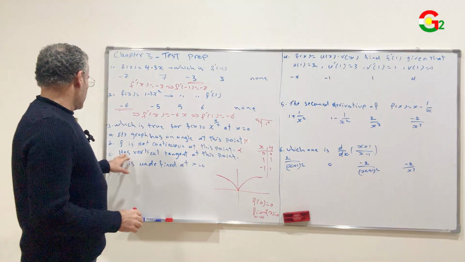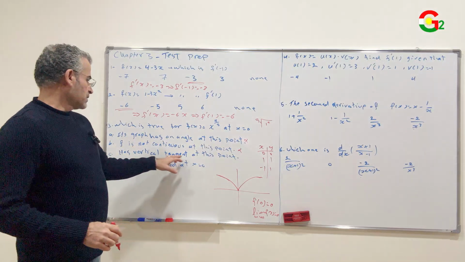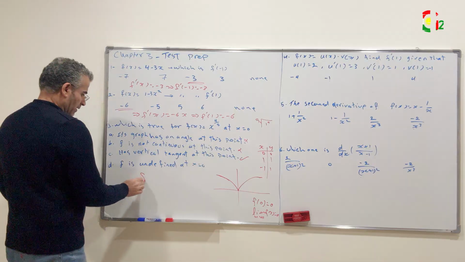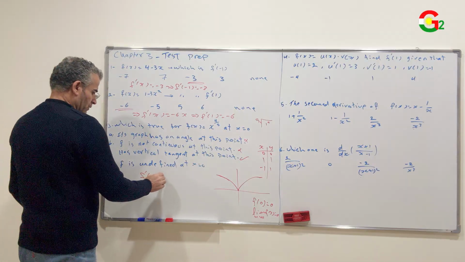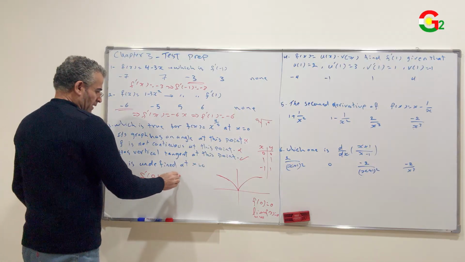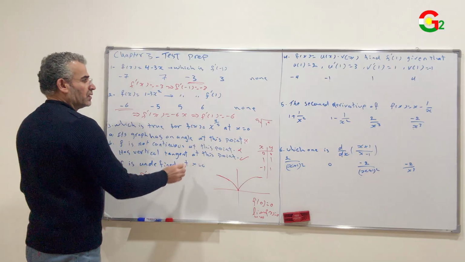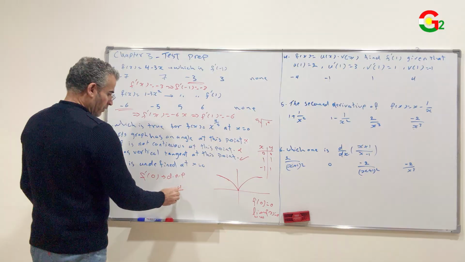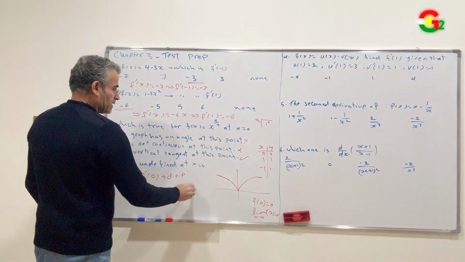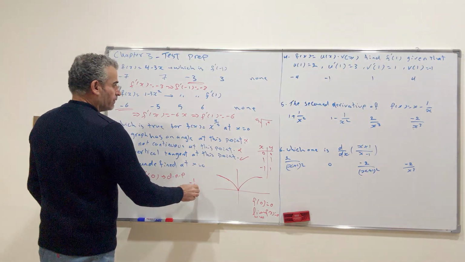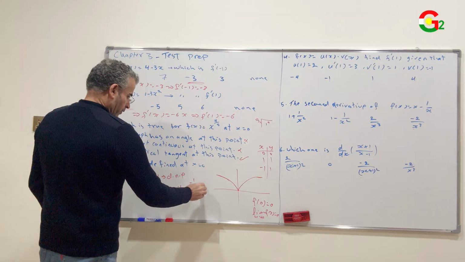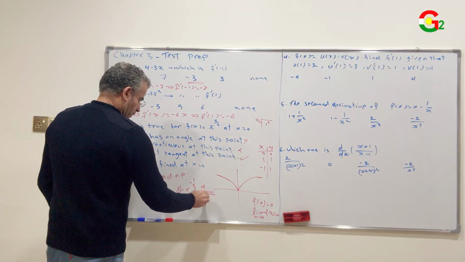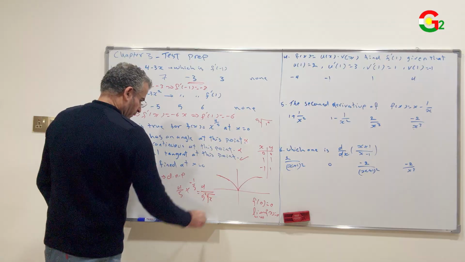The function has a vertical tangent at this point. It is true, since f prime of 0 does not exist at this point. The derivative is 4 over 5 x to the negative 1 over 5, equal to 4 over 5 times the fifth root of x.